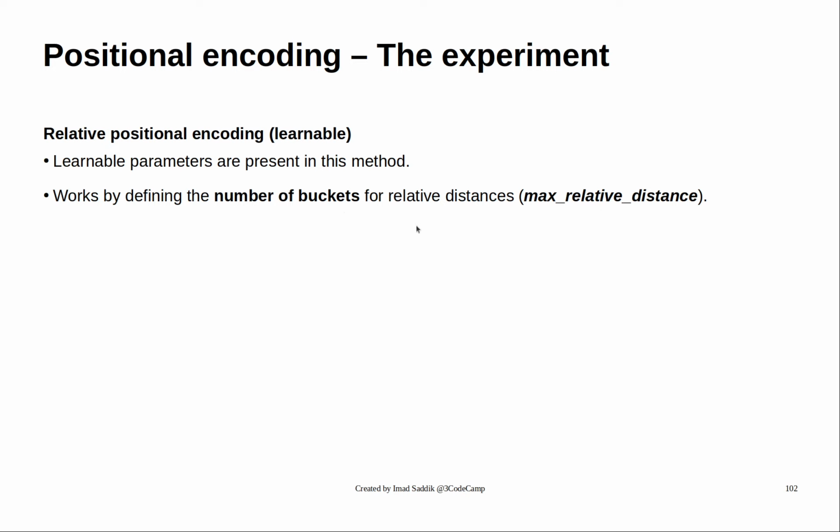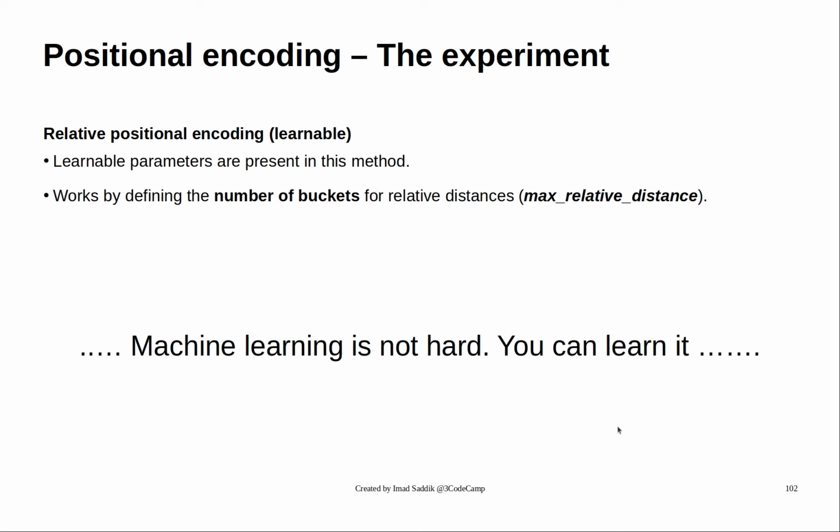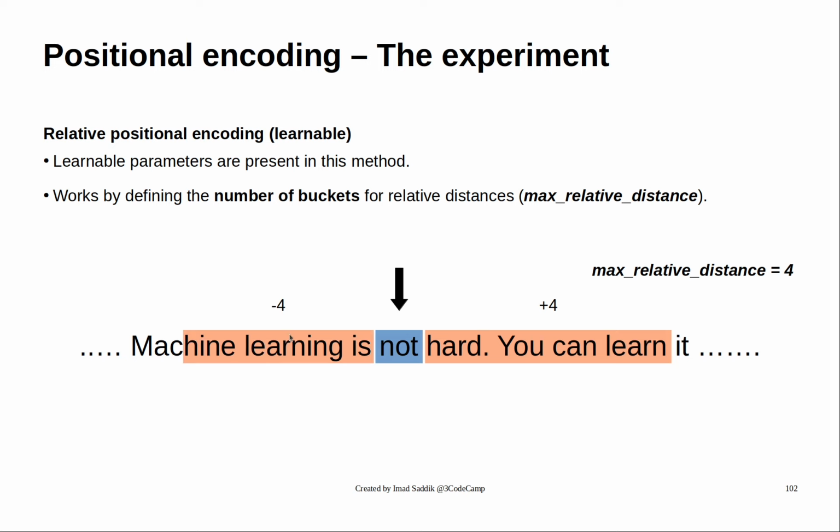Let me show you an example so that you can understand. So let's take this sentence. Here maybe we have other tokens that come before, and here maybe we have tokens that come after. Let's say that max relative distance is set to 4, and let's take the token "not" in this sentence. Here we will have positive distances, and we will go up to max relative distance, which in this case is set to 4, and we have negative distances.